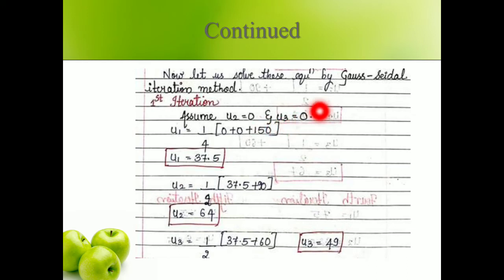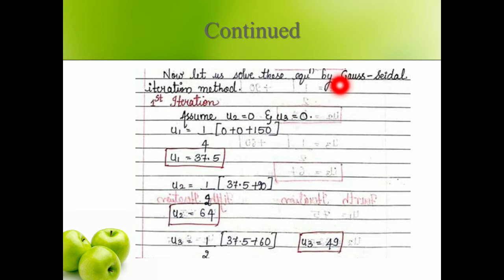Now let us solve the equations by the Gauss-Seidel iteration method. According to Gauss-Seidel, we have to assume the initial values. Instead of x and y, you can consider u2 equal to 0, u3 equal to 0.